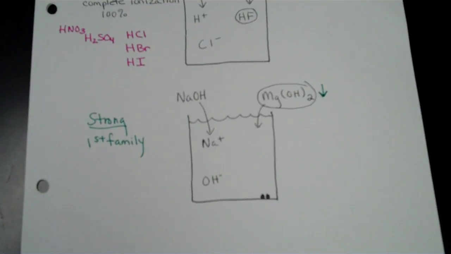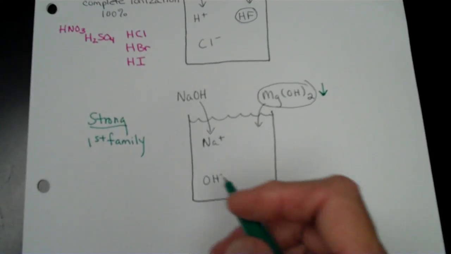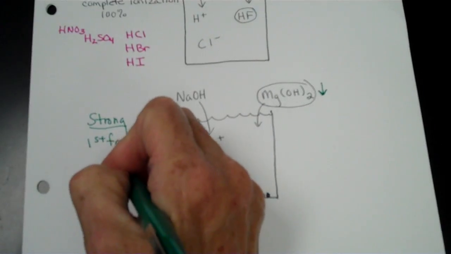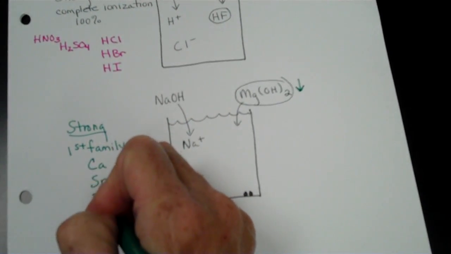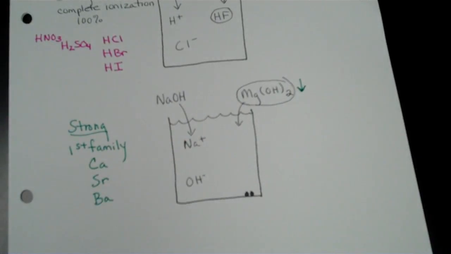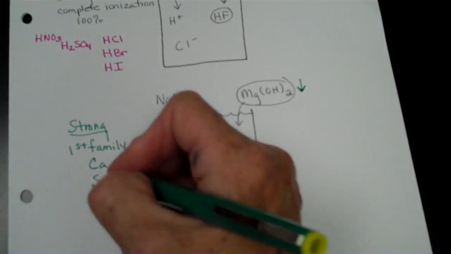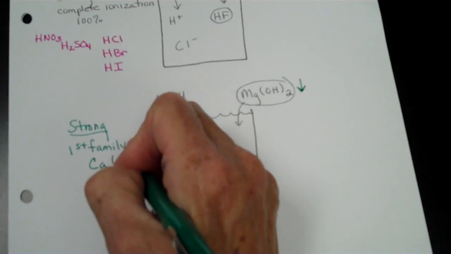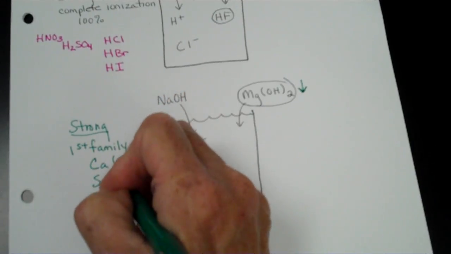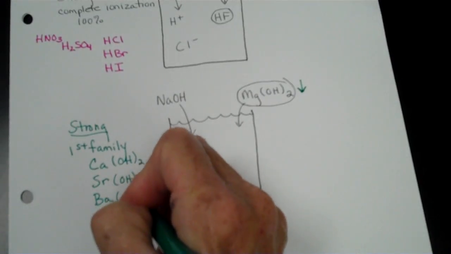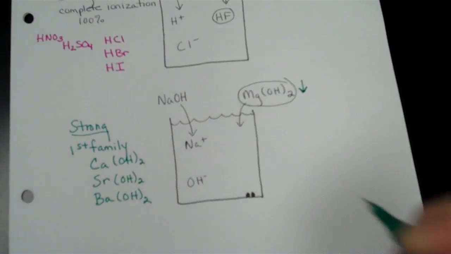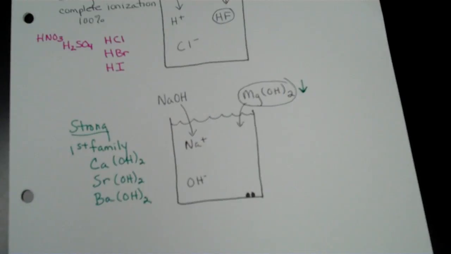They are members of the second family. They are going to be hydroxide forms of calcium, strontium, and barium. All of these ions would have a +2 charge, and so the formulas for the bases would be calcium hydroxide, strontium hydroxide, and barium hydroxide. It's essential that you understand this.